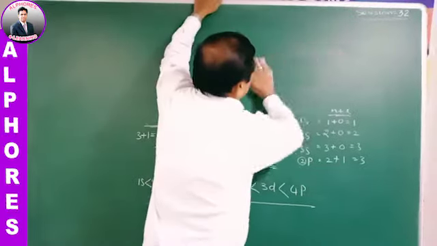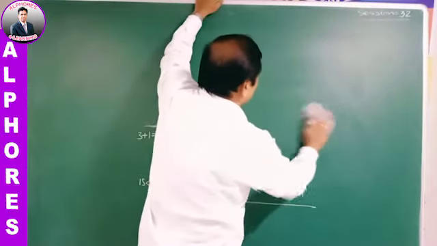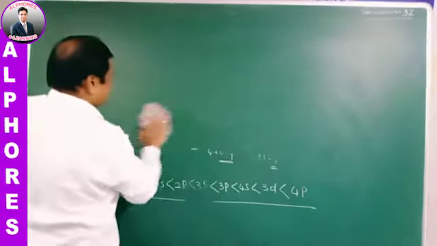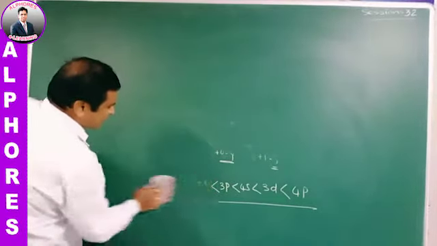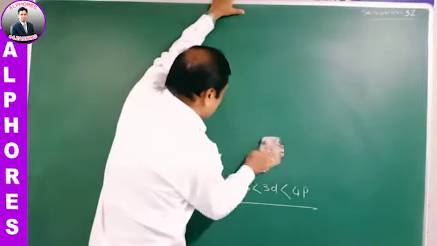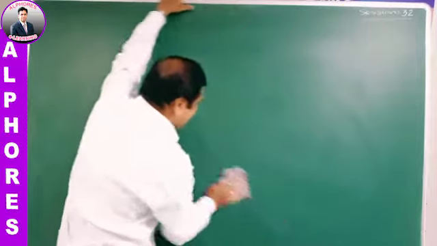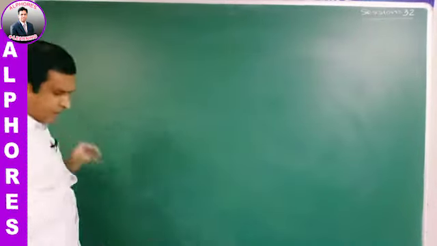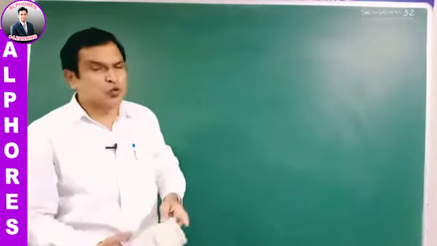See, for example, nitrogen, atomic number 7. We will write its electron configuration normally like 1s2, 2s2, 2p3.